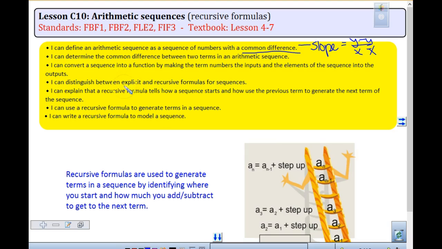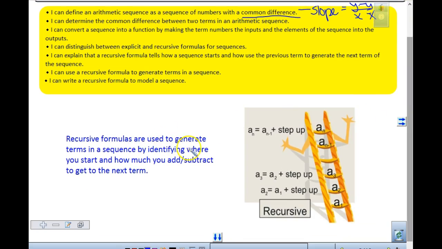We're going to be distinguishing between explicit and recursives a little more tomorrow than today, but today we're going to be using that recursive formula to generate the sequence and write recursive. So, recursive formulas are used to generate terms in a sequence by identifying where you start and how much you either add or subtract.